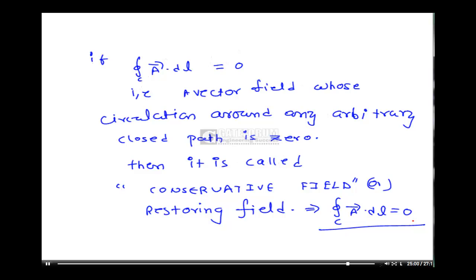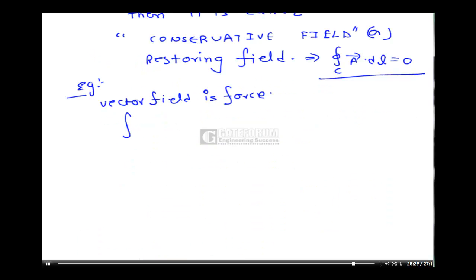A conservative field in this case means the total net resultant work done is 0, or the work done against the field on any closed path is 0.